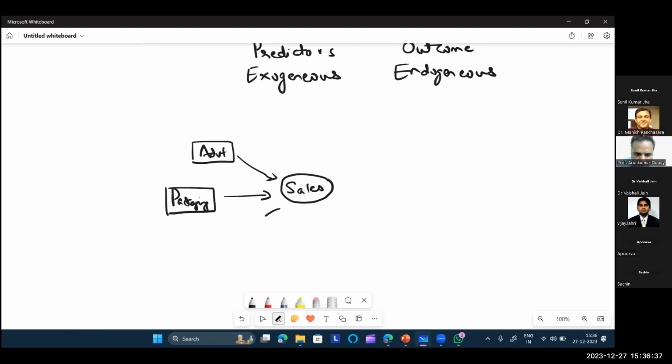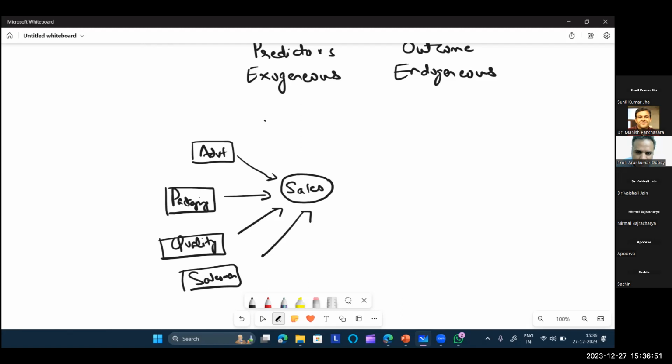Or let's say it depends upon product quality, the quality of the product. Or the experience of the salesman, the person who sells. It depends upon price. There are many variables.